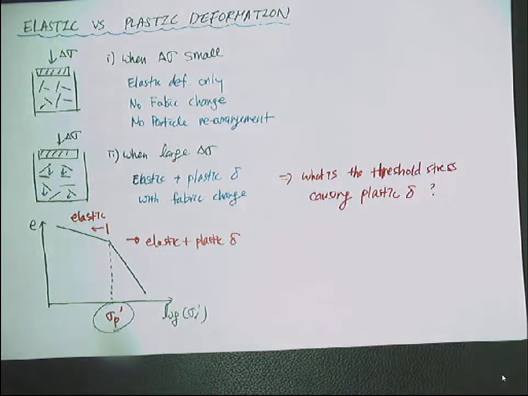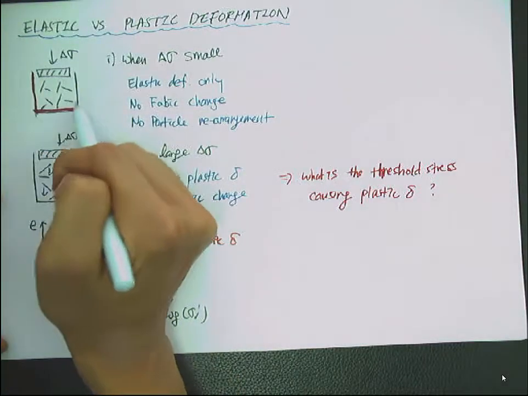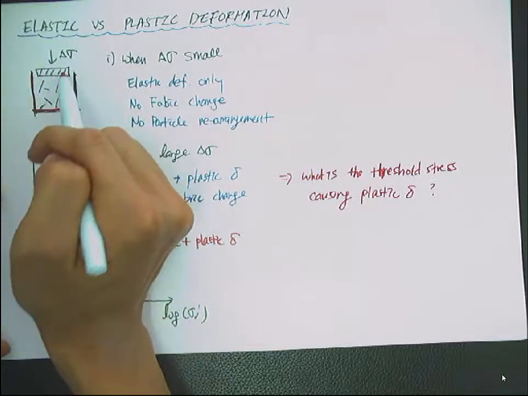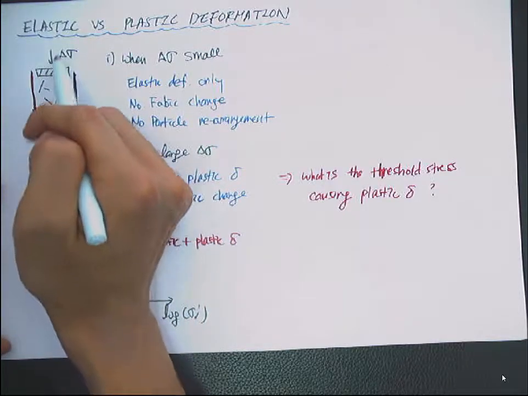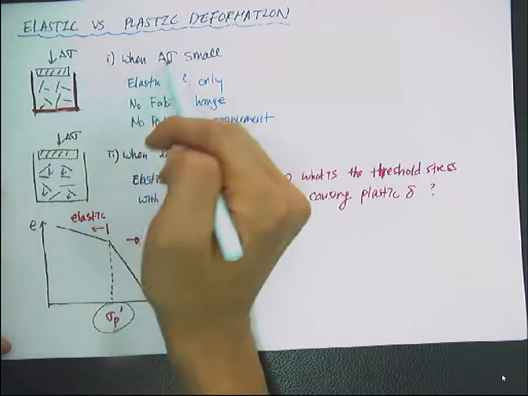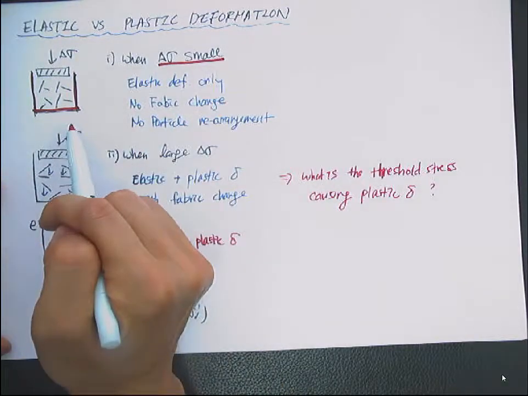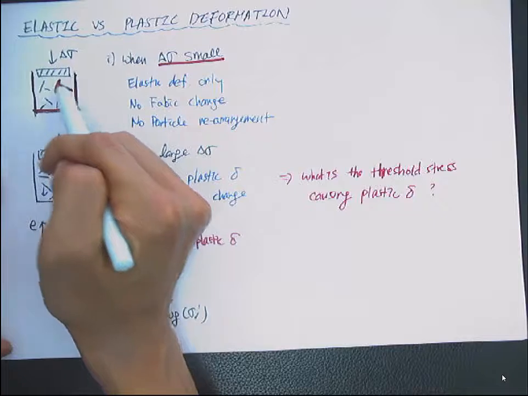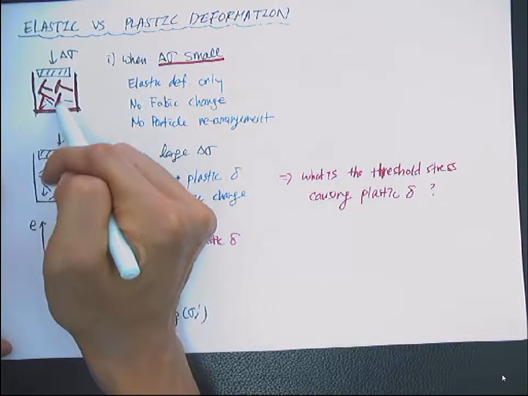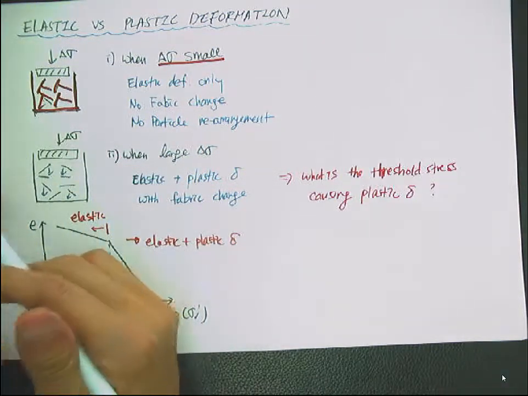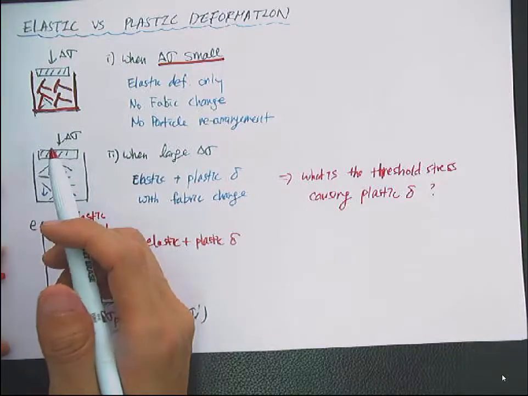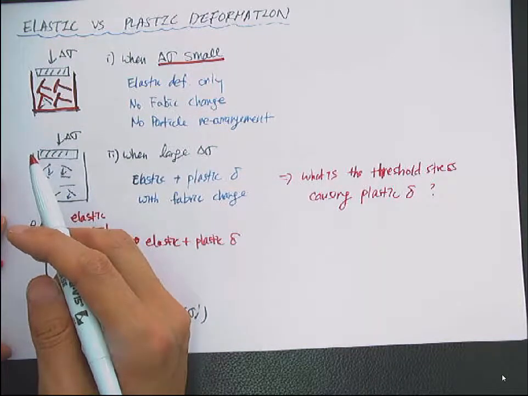Now, let's talk about elastic and plastic deformation. Imagine that we have a clay sample in a container, and we apply vertical loading by delta sigma. And when delta sigma is small, this flocculated clay will resist delta sigma with only elastic deformation.